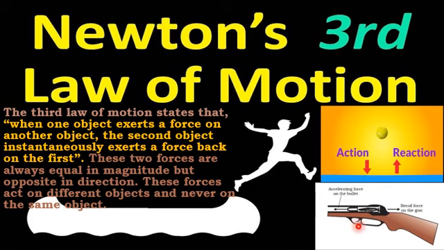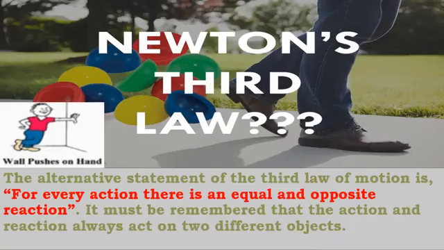Likewise you are able to see it even in a gun. In a gun you use the trigger to give a force, and on the other hand the bullet keeps moving in the forward direction. For every action there is an equal and opposite reaction, and remember that they act on two different objects.